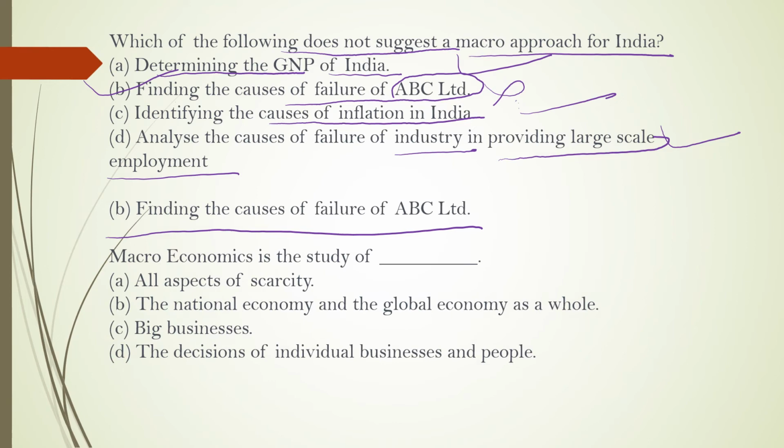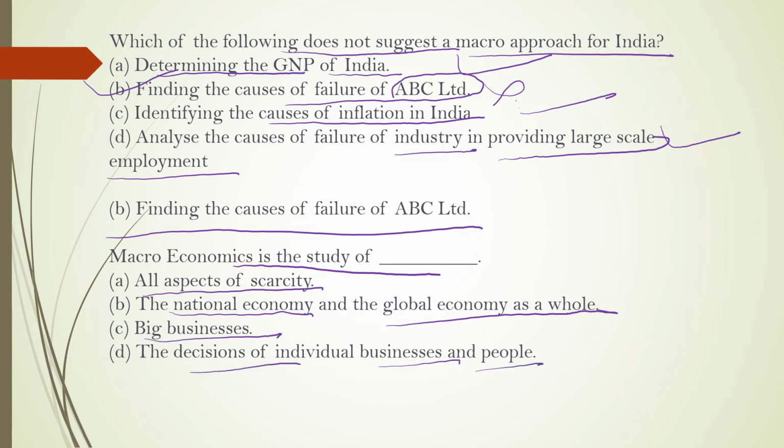Next one, macroeconomics is a study of all aspects of scarcity, national income, global economy as a whole, big business, decisions of individual business people. No, this is microeconomics. Big businesses, of course, micro. Aspects of scarcity, no. It deals with the economy, that is national economy and global economy as a whole.